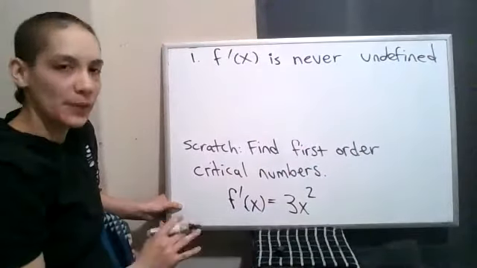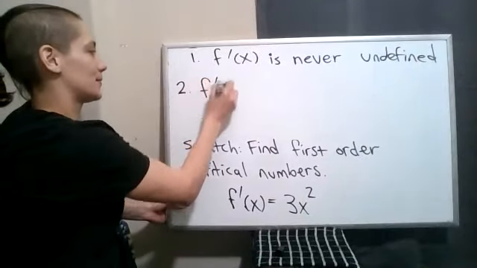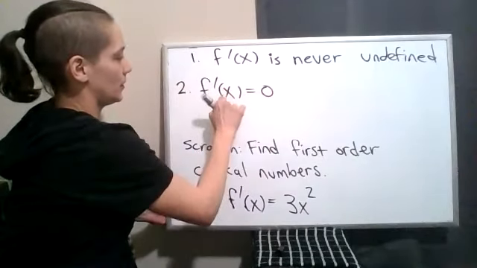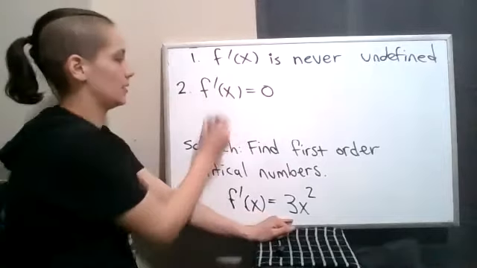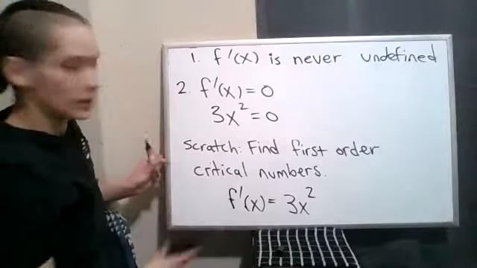Then we also look at f prime of x being equal to 0. This in here, get x equal to 0.